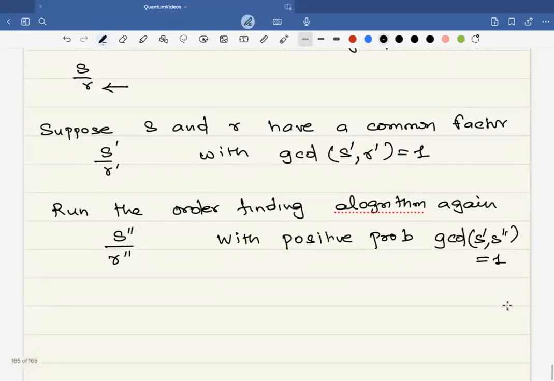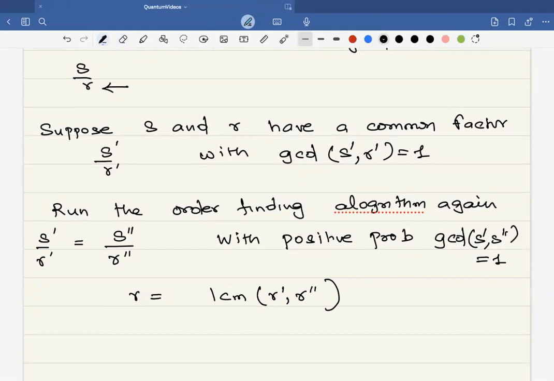And then we can extract R because both of these represent the same fraction, S over R, but maybe with some common factor. If S prime and S double prime don't have a common factor, then we can extract R as the LCM of R prime and R double prime.